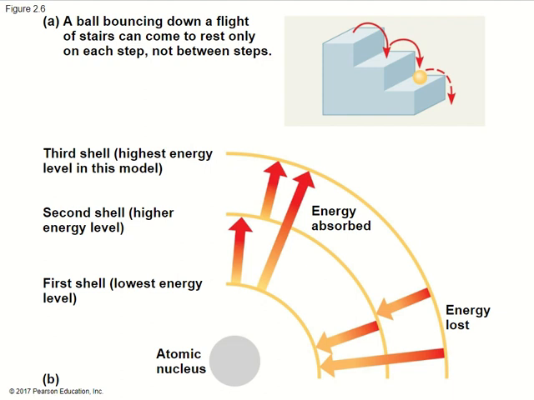What we see here is that a ball bouncing down a flight of stairs can come to rest only on each step, but not between those steps. For example, electrons can only have certain amounts of energy.